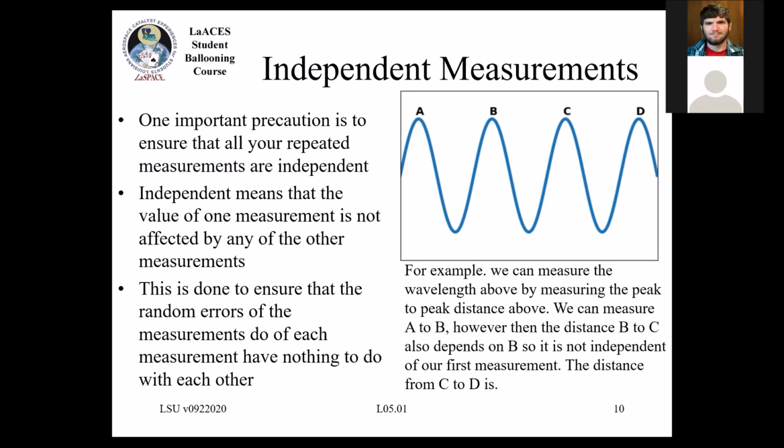Now if I try to get a second measurement of the wavelength by measuring from point B to C, that's not independent of the original measurement, because A to B and B to C both depend on wherever that B is. However, I could measure from A to B and then measure from C to D. Those two things, in this case, are not related to each other, so that gives me two independent measures of the wavelength.